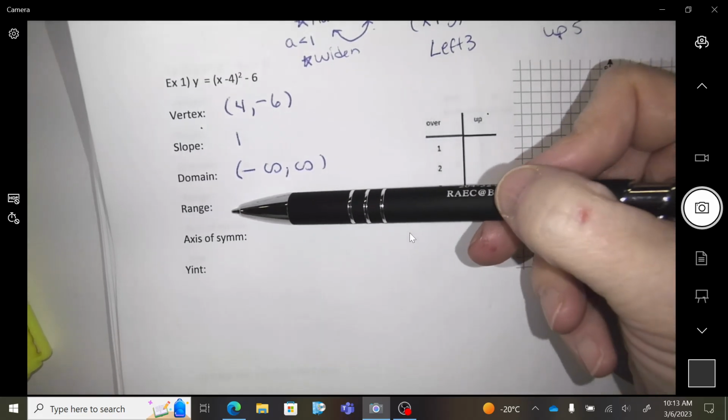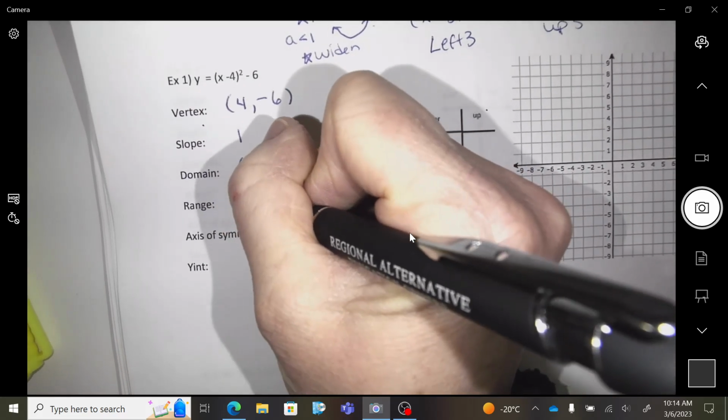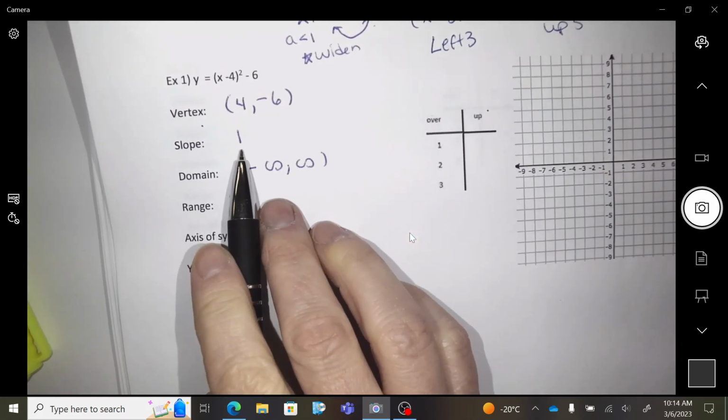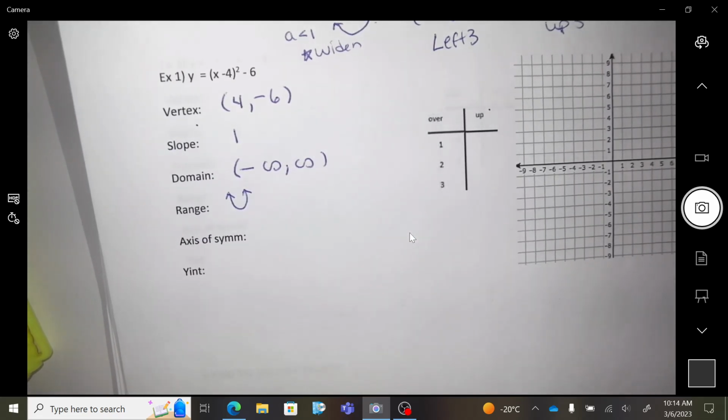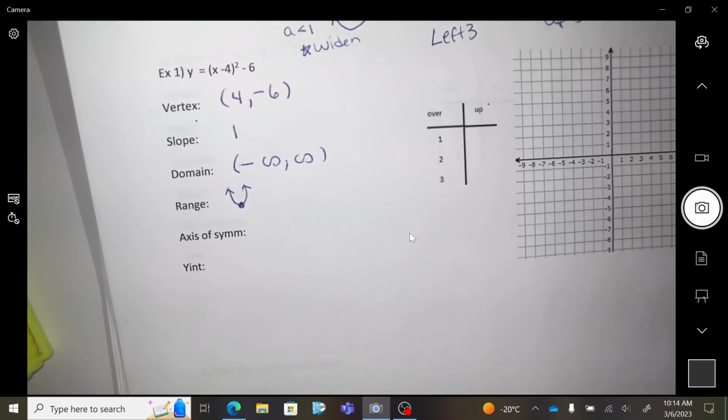For me to understand range, which direction is my parabola? Is it an up, like a U, or is it flipped? It's up because my slope is positive 1. So the range goes from some height, then infinity, right? That's how I'm thinking of it now.